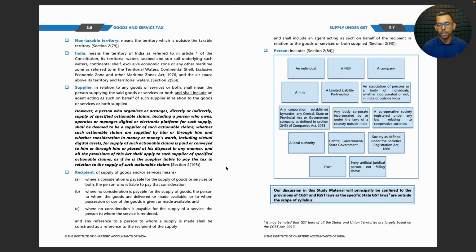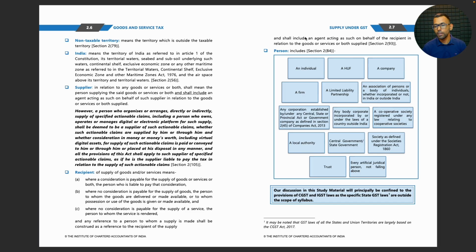And where no consideration is payable for the supply of a service, the person to whom the service is rendered. And any reference to a person to whom a supply is made shall be construed as a reference to the recipient of supply, and shall include an agent acting as such on behalf of the recipient in relation to the goods or services or both supplied.